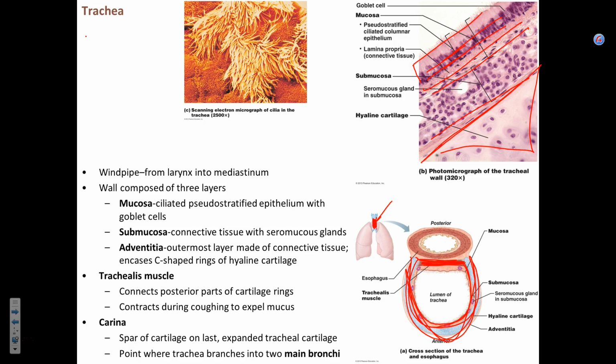At the end here, where the trachea splits into two bronchi, there's a structure called the carina. So basically you have a trachea, you have primary bronchi, and that area here is the carina.